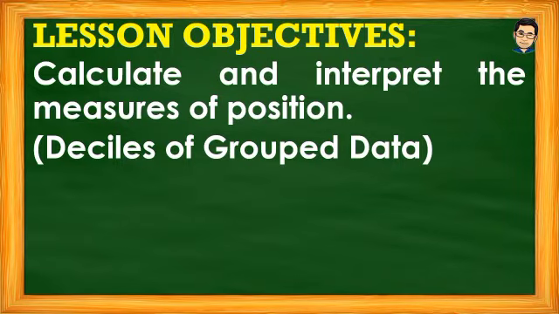So, dun sa discussion natin on quartiles of group data, halos same lang din naman ang process dito, kaya lang since deciles ang pinag-uusapan natin, yung ating data, yung ating given distribution is divided into 10 equal parts.